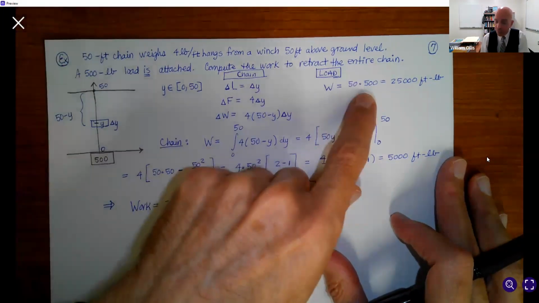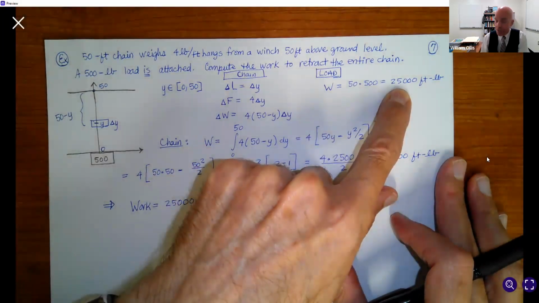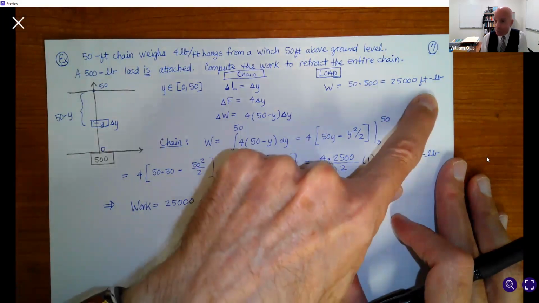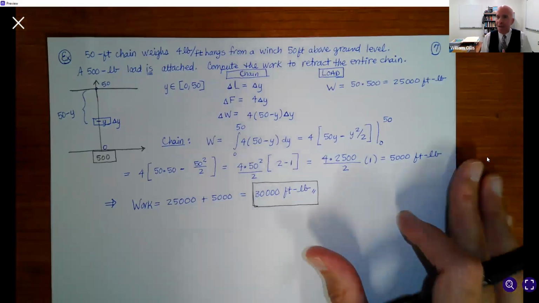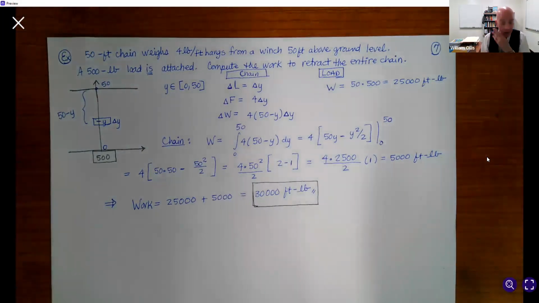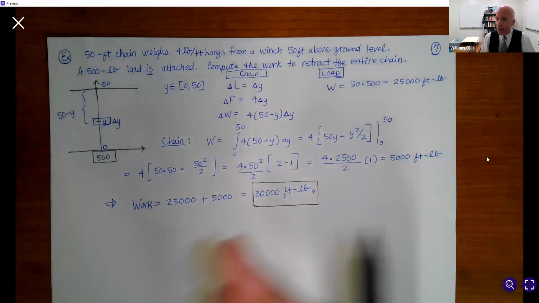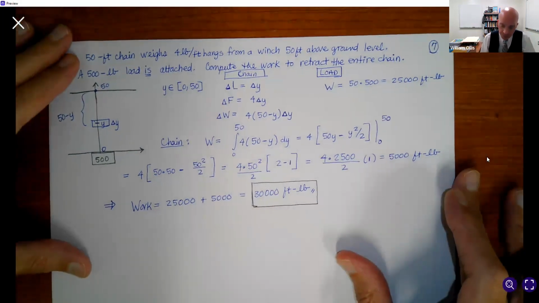So we simply take the product of those two numbers and get 25,000 foot-pounds. That's it. So that's a constant force over a prescribed distance. Very simple, something you already know how to do from the elementary physics that you've taken at your high school.